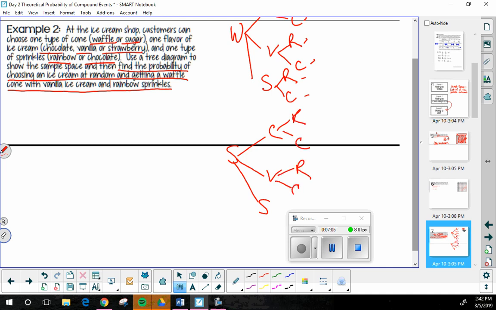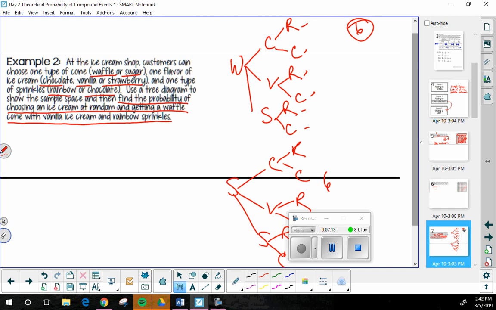Rainbow, chocolate. Rainbow, chocolate. Guess how many possible outcomes I have with a sugar cone? 6. How many are in my total possible outcomes? 12.